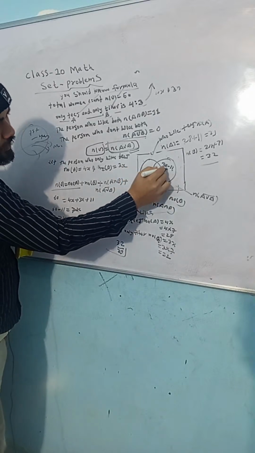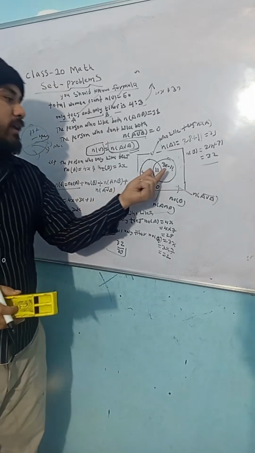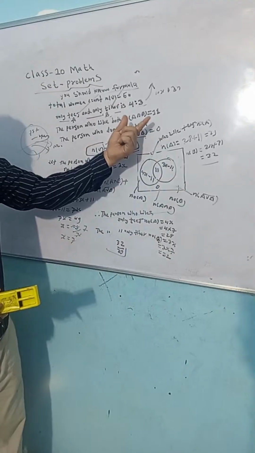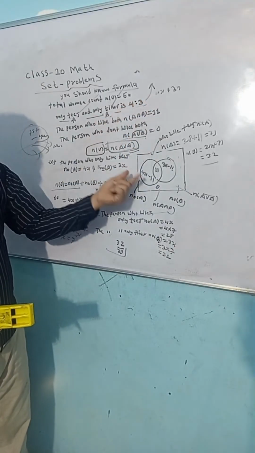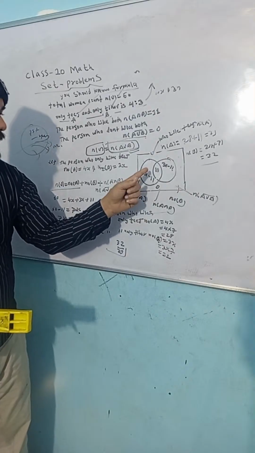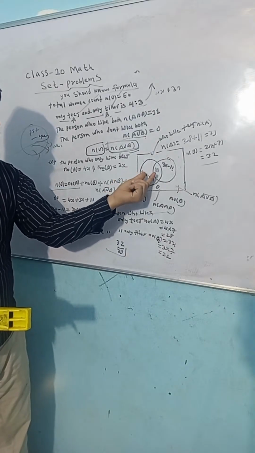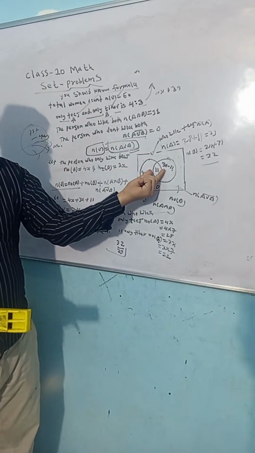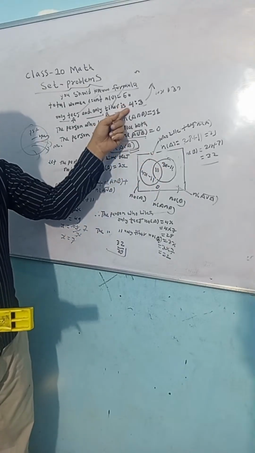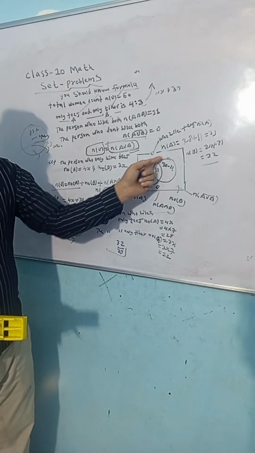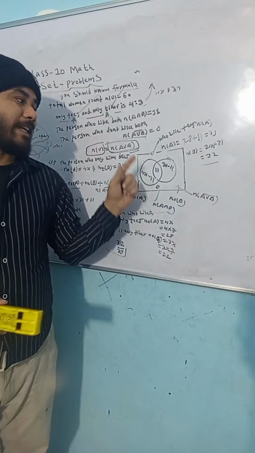This complete value is given 4x, this complete value is 3x. From the total you need to subtract this portion, so 4x minus 11, and 3x minus 11. This is the second type of question, guys.